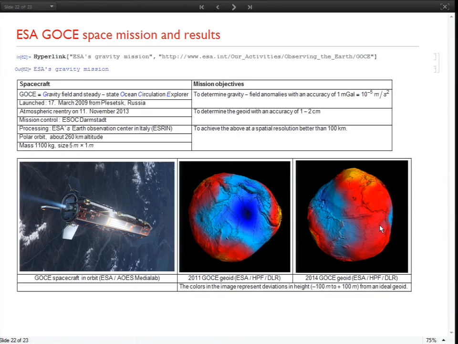The mission has already ended because it was in a very low orbit at 260 kilometers, where it constantly experienced atmospheric drag, and therefore it needed an ion engine to constantly push it. As soon as the fuel was exhausted, it re-entered and burned up in the atmosphere. And here you see two of the gravity field models from the GOCE mission, one at the beginning and one at the end. And that concludes the presentation.